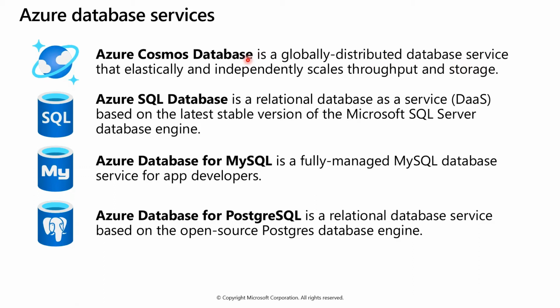When I say multi-model, which is nowhere in this slide but for your information, within Cosmos you can have a graph database, a plain SQL type of database, or a MongoDB type of database.